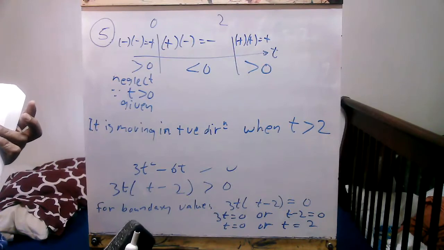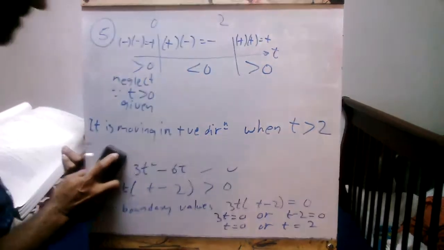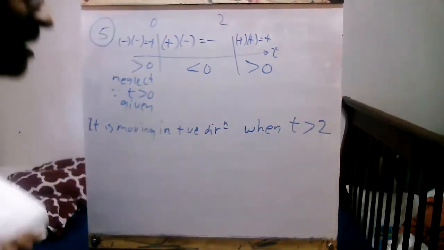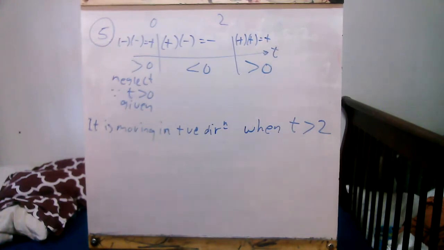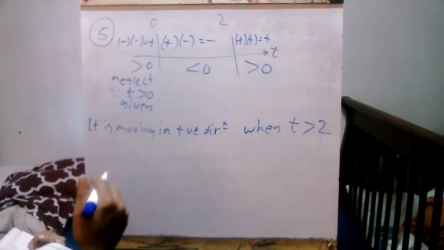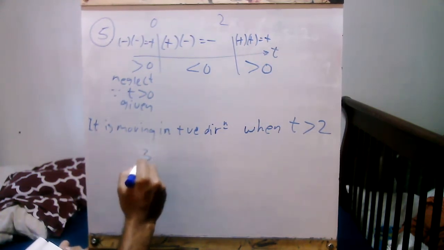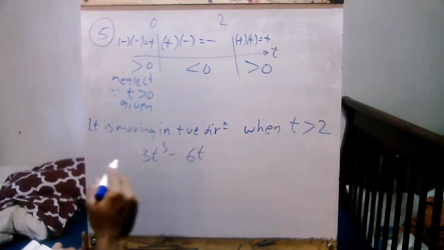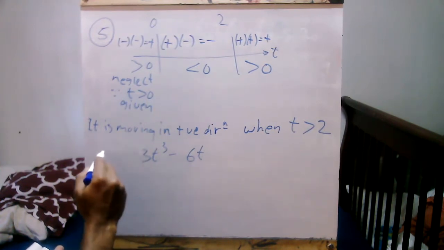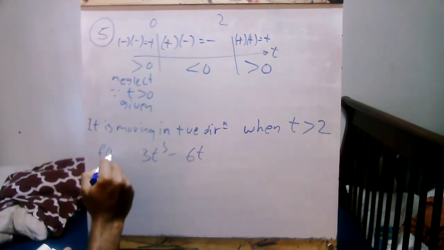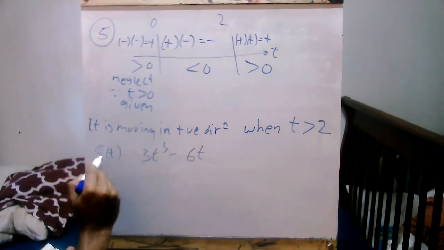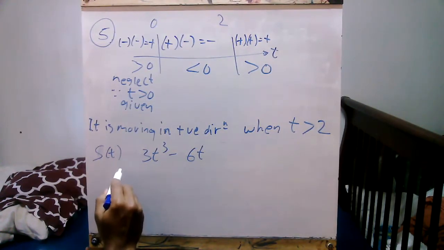Okay. All right. Now that's all for this question. But look at the graph of that, 3t cubed minus 6t. If you take this as a function s of t, its graph is like this.